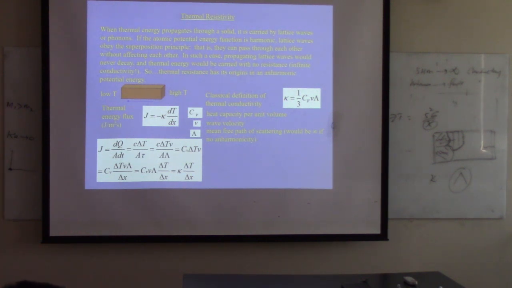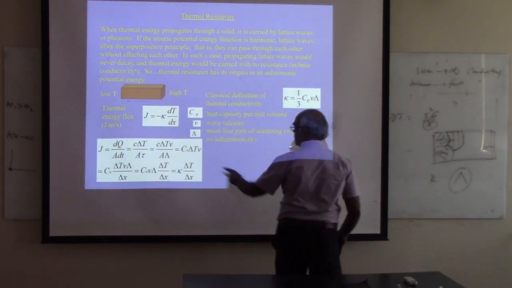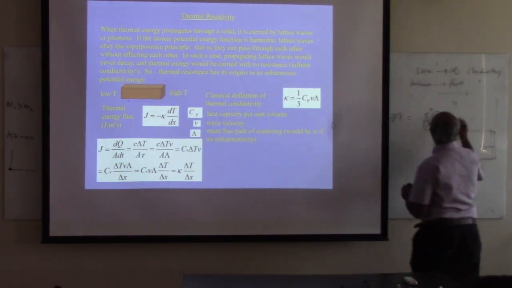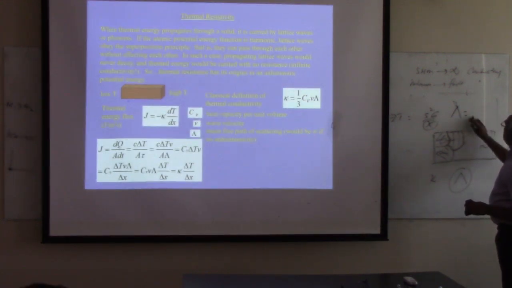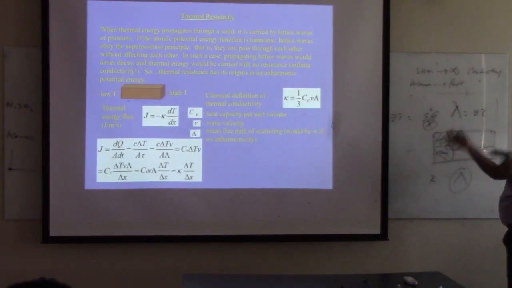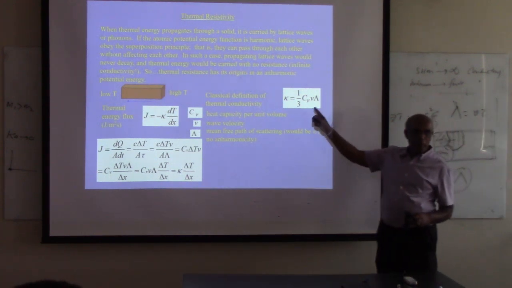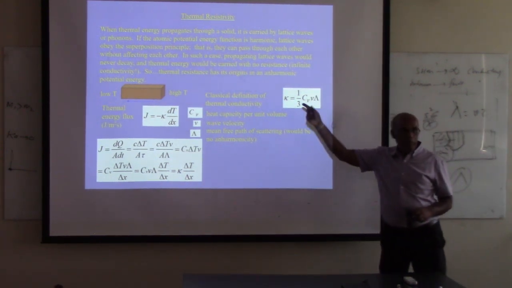That means really you get 1/3 of that, right? So that's how you get this expression, 1/3 C_V V times gamma. Also you can write gamma as V times tau, so you can write it any way you want. But everybody should remember this one, it is important. So how to relate thermal conductivity to the heat capacity.